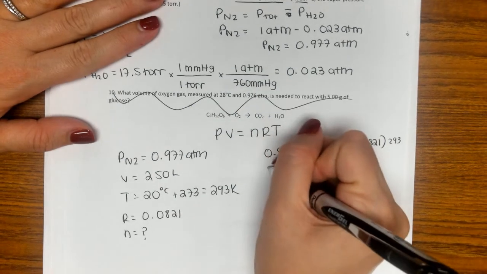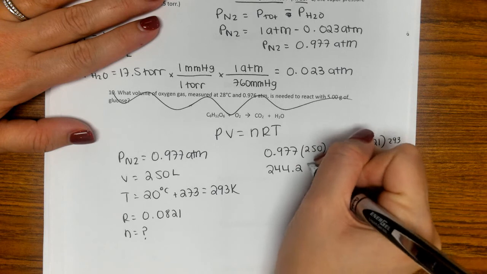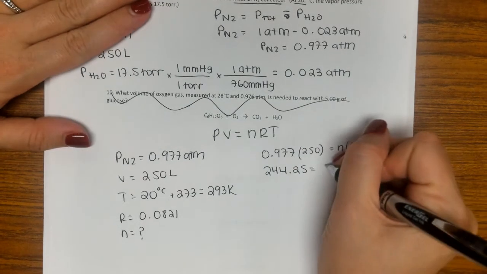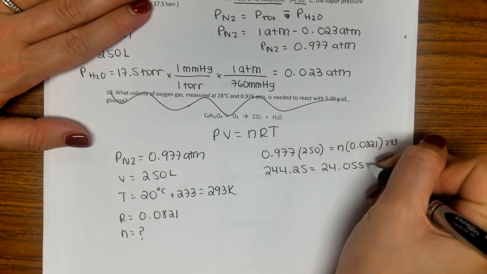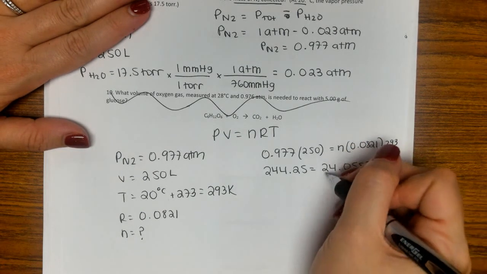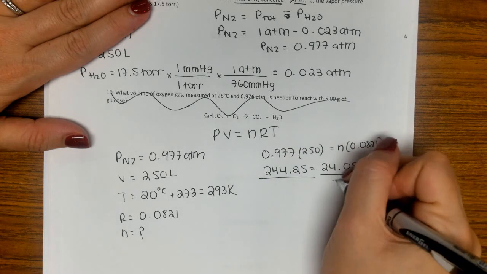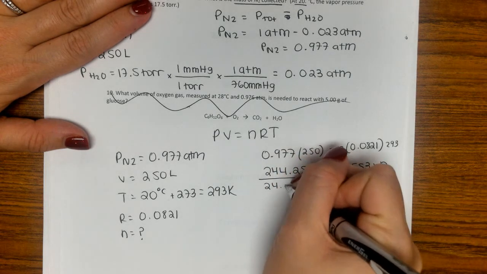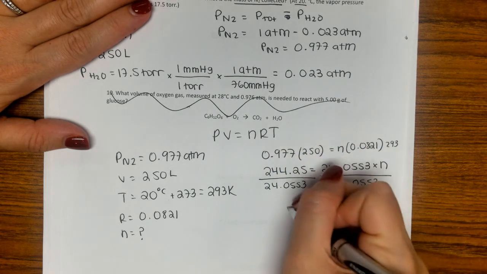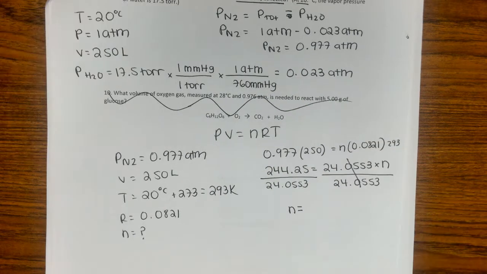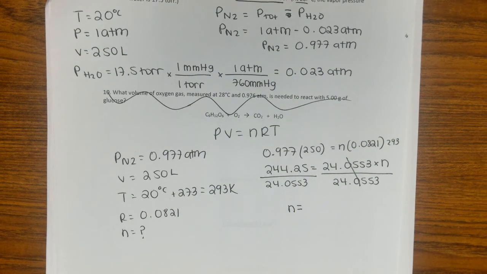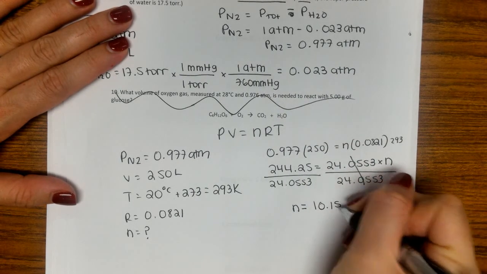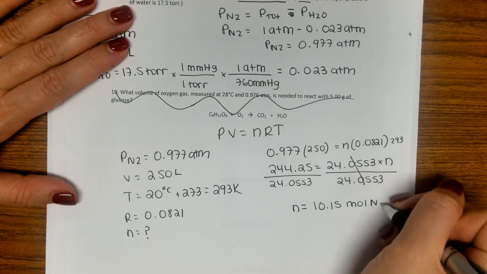Multiply those, that's 244.25 equals 24.0553 times N. Now I'm going to have to divide each side by 24.0553, and I get N equals 10.15 moles of nitrogen.